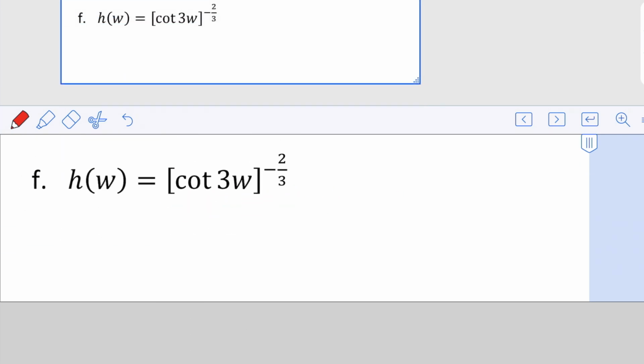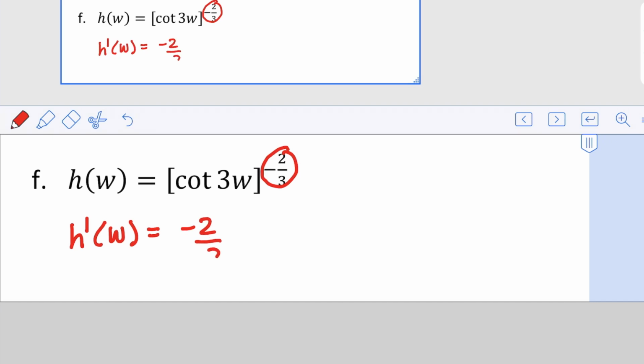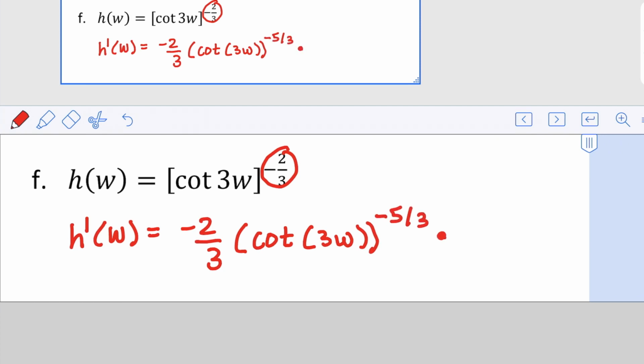Let's take a look at one of your favorite trig function derivatives. So chain rule here means I'm going to have to work from the outside in. To start with, let's take care of that exponent of negative 2/3 by multiplying by it. And then I'm going to leave everything inside the same, and decrease my exponent to negative 5/3.